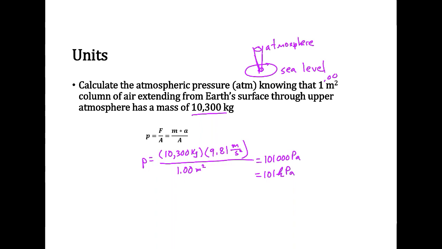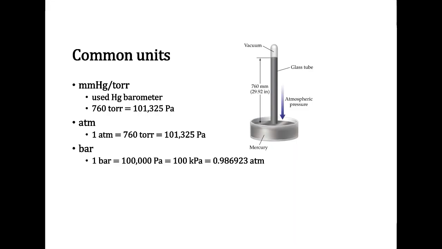So let's go ahead and go over some of these common units that you'll see for pressure. Okay, so some of the units that we'll see are millimeters of mercury, or torr, and typically you would measure the atmospheric pressure using a mercury barometer. A barometer works like this. You have an inverted tube here. This is a vacuum up here. This is filled with mercury.